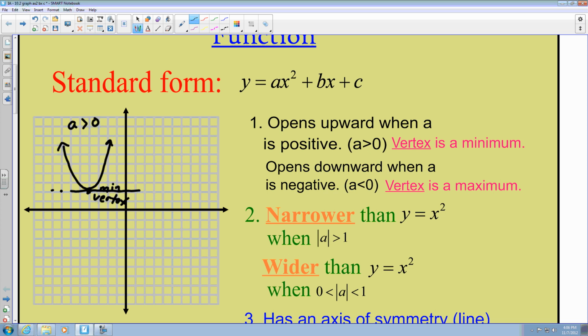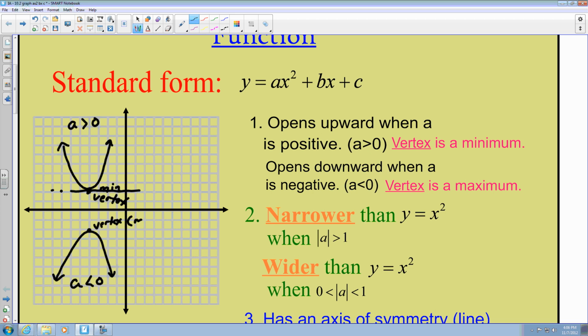Looking at a maximum value would be something that came in a downward direction, which means that a in the graph would be less than 0, which means that a would be a negative number, and our maximum value would be pointed at the vertex.